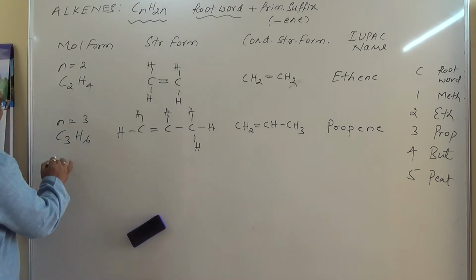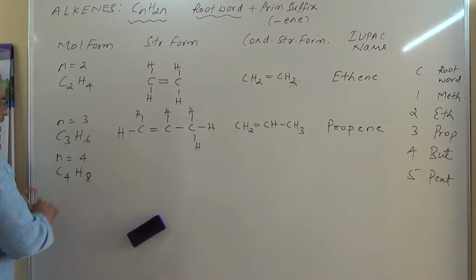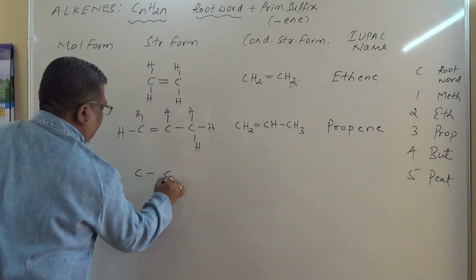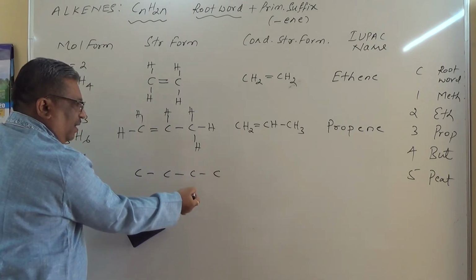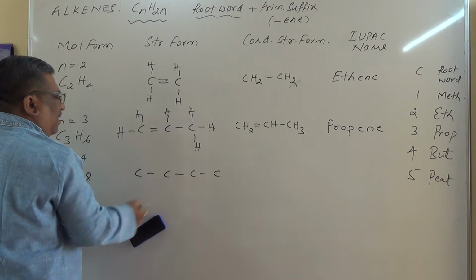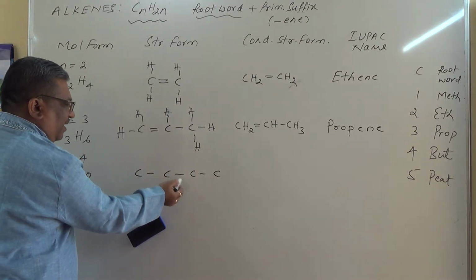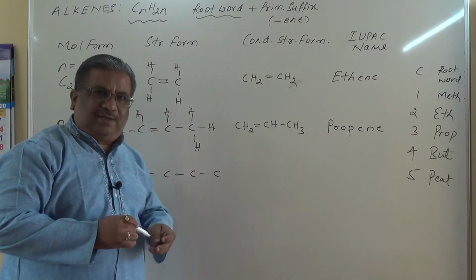Next, n equals 4, C4H8. Now I'll introduce the double bond on this side. You can introduce it on this side also, it will not make any difference, but there is a possibility of introducing the double bond here also, and therefore we come across something called isomers.